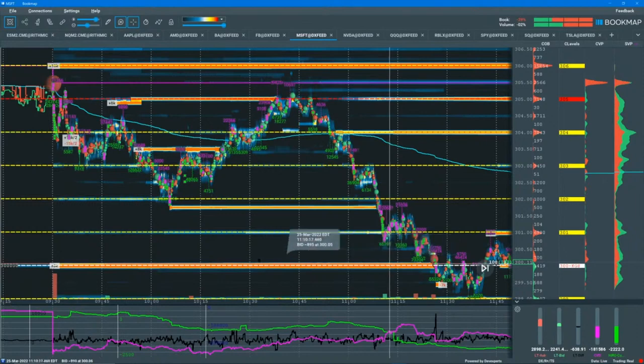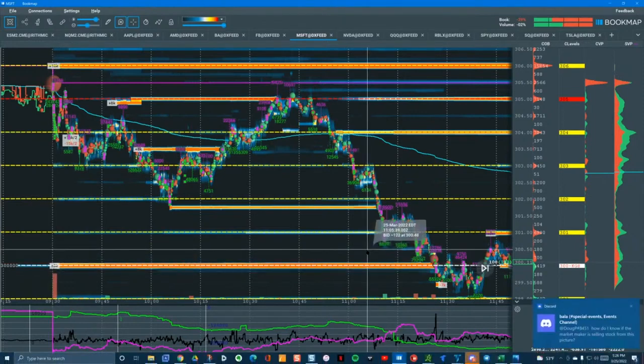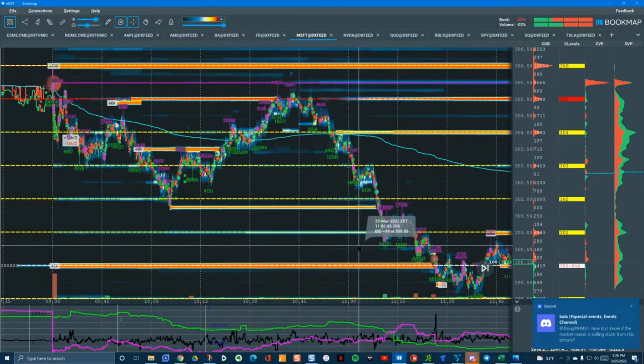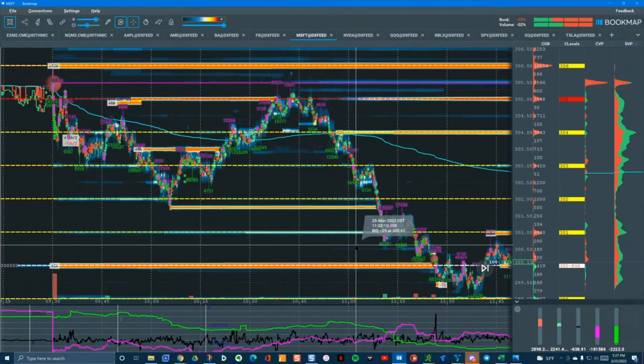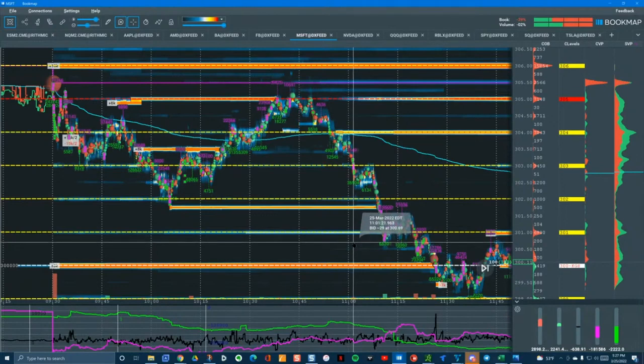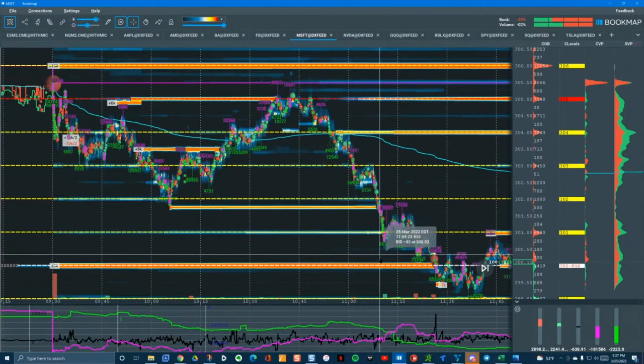So this long-term liquidity that came in at the open at 9:30 was a primary target. Very obvious. Why stocks are often easier to trade is because of this clear liquidity that stays in the order books and acts as a magnet.